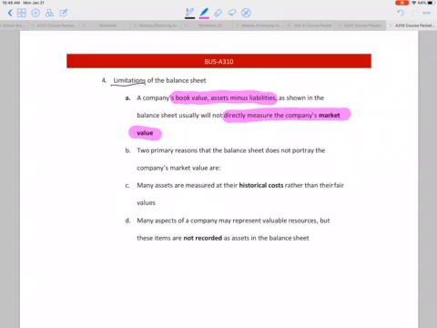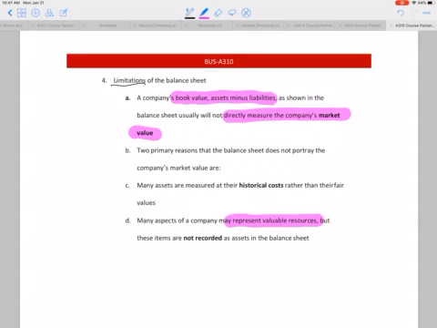Things that would represent valuable resources might be like a particular expertise that our group of engineers has, for example. We're not going to record that as an asset on the balance sheet, but it could create value and enhance the market value of our particular company.